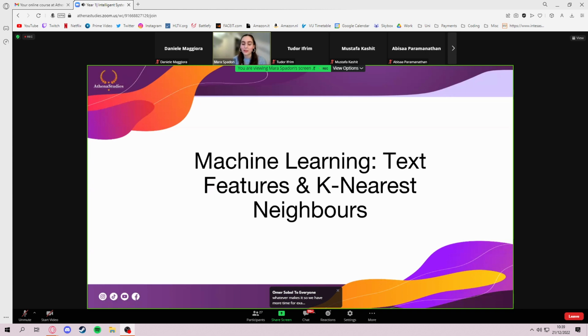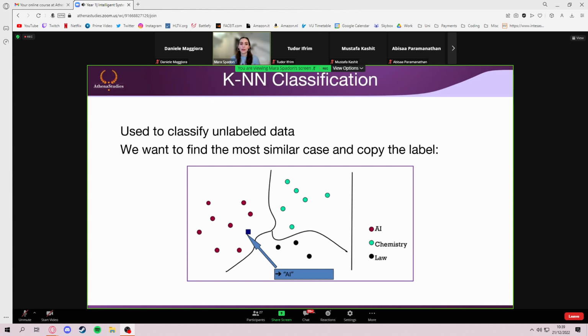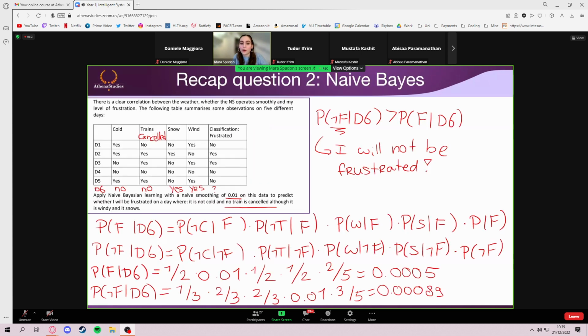So now we're going to talk about text features and k-nearest neighbors. So we have something called k-nearest neighbors classification. What is this? This is used to classify unlabeled data. Again, we have some unlabeled data, and we want to find the most similar case and copy that label. In naive Bayes classification, we're kind of doing something similar.